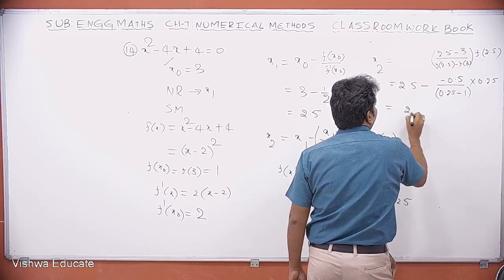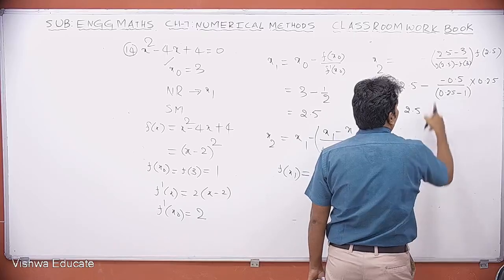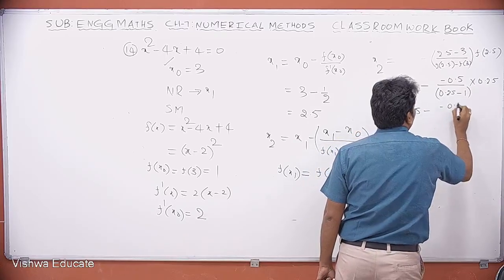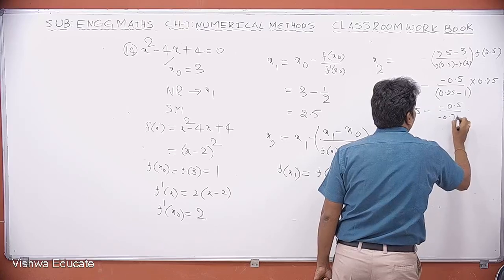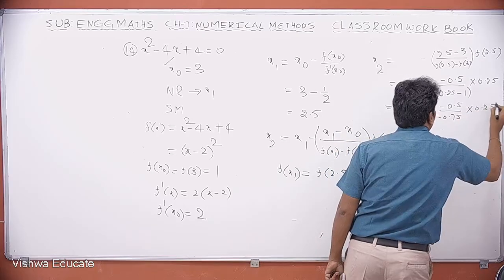So therefore this is 2.5 minus 0.25 divided by minus 0.75 into 0.25.